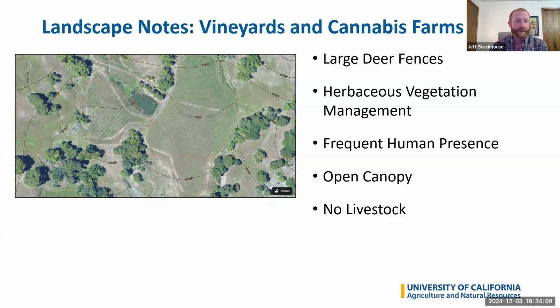There's some sense of herbaceous vegetation management, whether it's weed whacking or herbicide or other. There's a frequent human presence, which I think is really a wildlife deterrent. It's typically an open canopy where there's lots of sunlight, and generally speaking, there's no livestock.